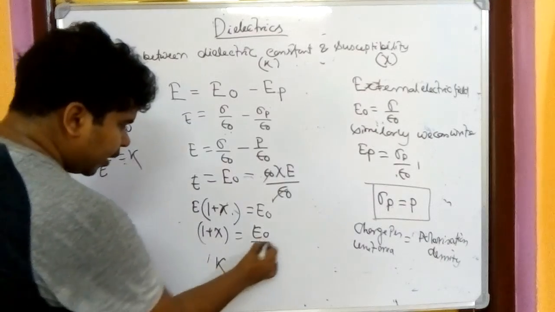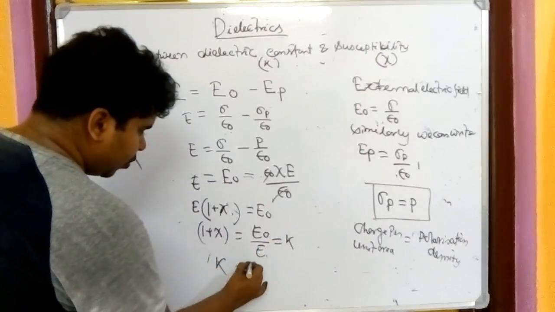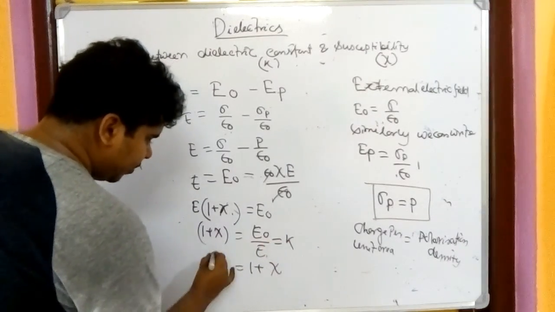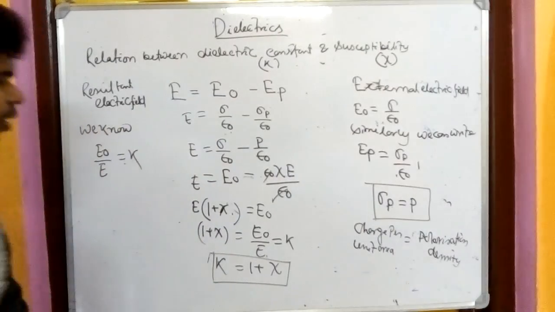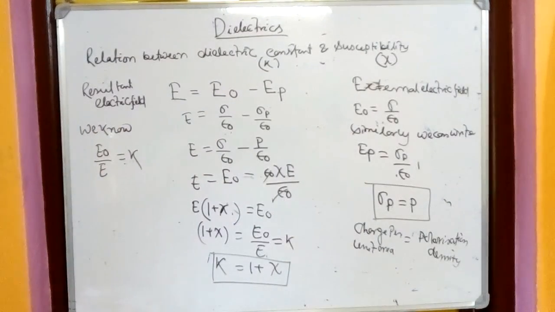So K equals 1 plus chi, that is the relation. K equals 1 plus chi, that is, dielectric constant equals 1 plus dielectric susceptibility.